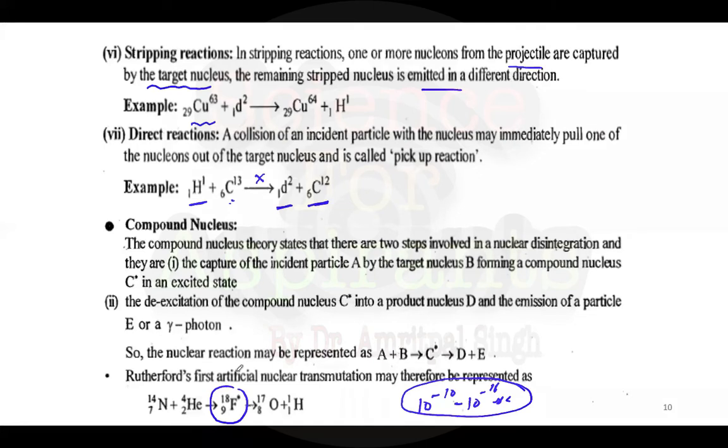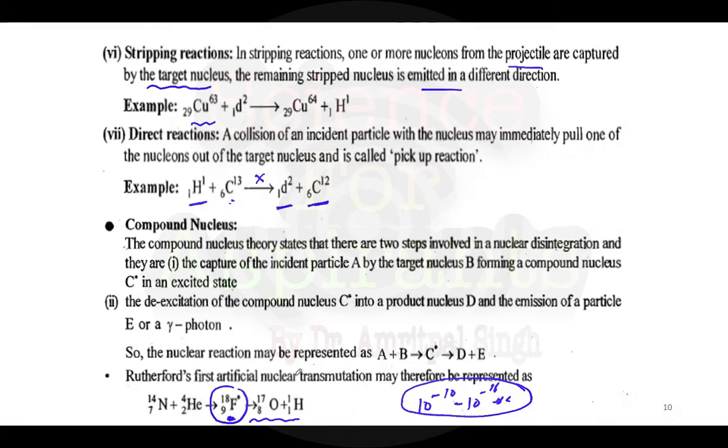So there are many types of these compound nuclear reactions. It is not likely that the fluorine which is formed here as a compound nucleus will only be converted into oxygen and a proton. There are chances it can split up into some other isotope of oxygen, along with which a deuteron is emitted.